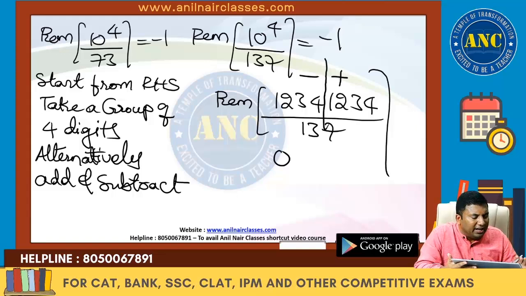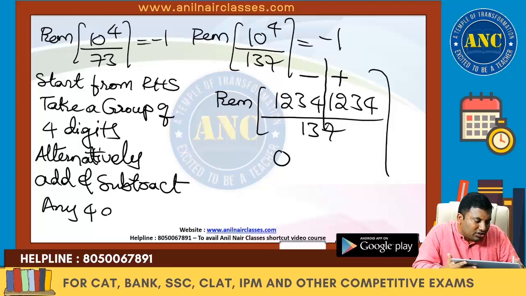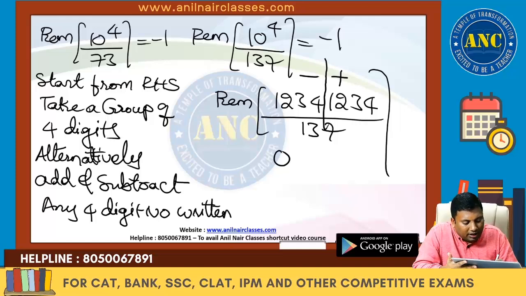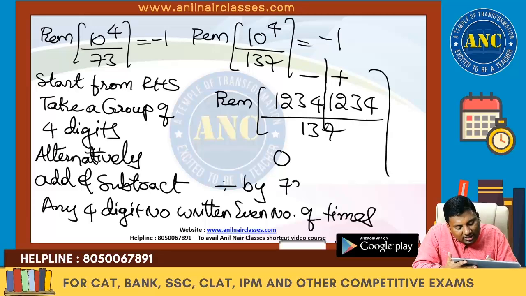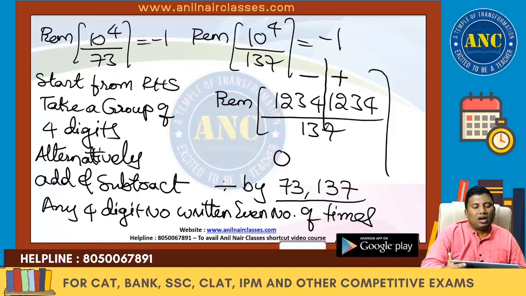I hope the idea is clear. In other words, any 4-digit number written an even number of times is always divisible by 73 and 137. Are you all with me?